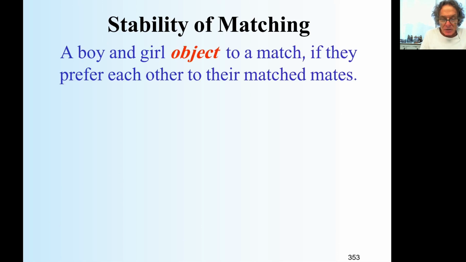Stability of matching. A boy and a girl object to a match if they prefer each other to their matched mates.